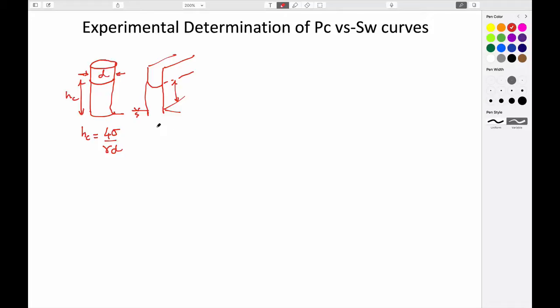And in the case of a fracture, the height rise was something like 2 times the interfacial tension, over the unit weight of the fluid and the aperture, the separation between these 2 parallel plates.